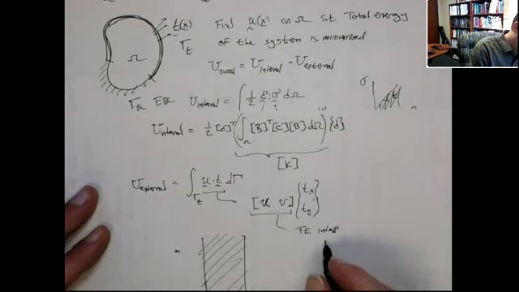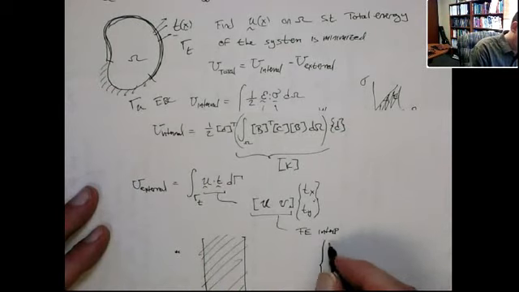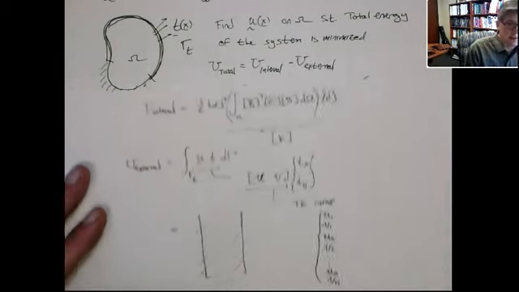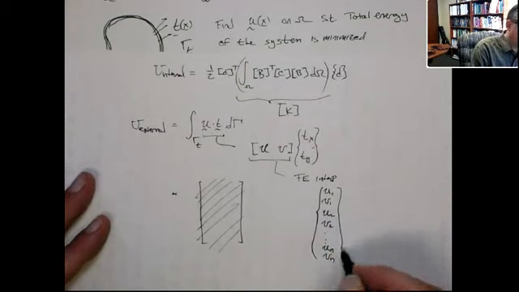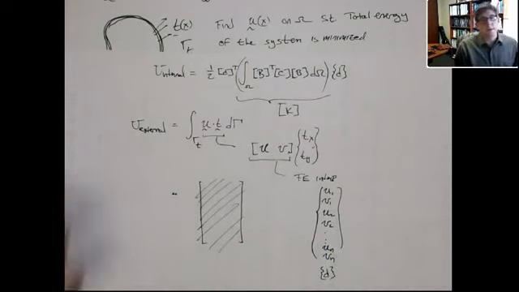If I look at the nodal displacement vector, right? U1, V1, U2, V2 to UN, VN. You can't see that, it fell off the page, okay? This is our column vector of nodal unknowns, D, right? So those are the degrees of freedom.